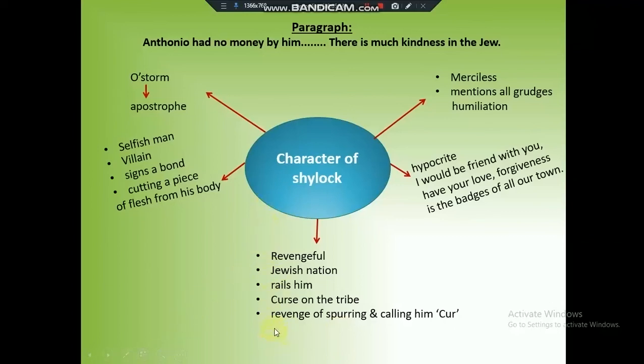So as far as these aspects are concerned, girls, I really feel quite sympathetic for Shylock. You also must have developed these sympathetic, kind feelings for Shylock, only because of the attitude of Antonio with Shylock. Though Shylock is presented as a negative character, with more negative elements than good aspects in his personality, even then, such kind of attitude is not suitable for the character of Antonio.